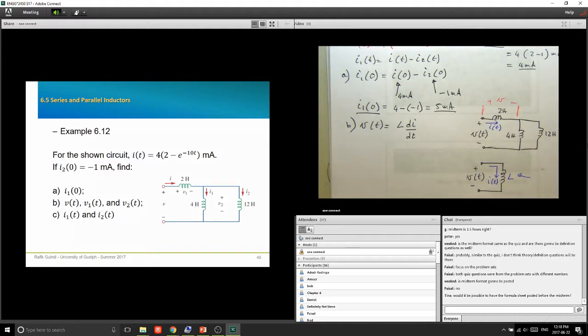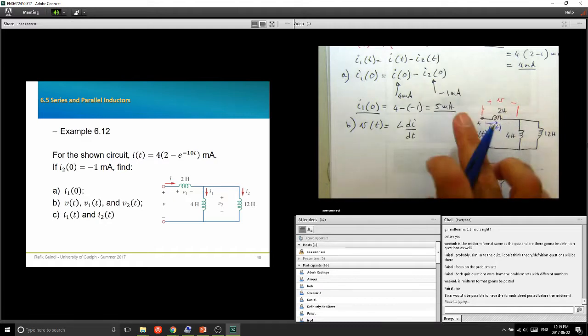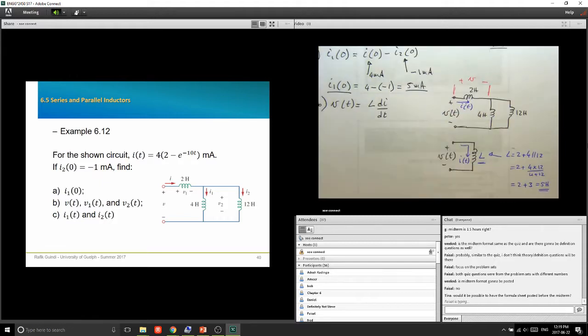How do I do that? Can I reduce this of parallel and it will be an inductance of 5 Henry.